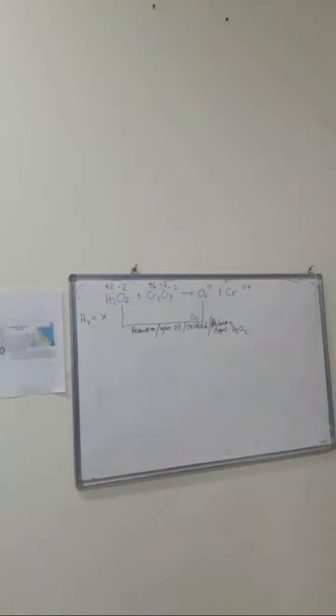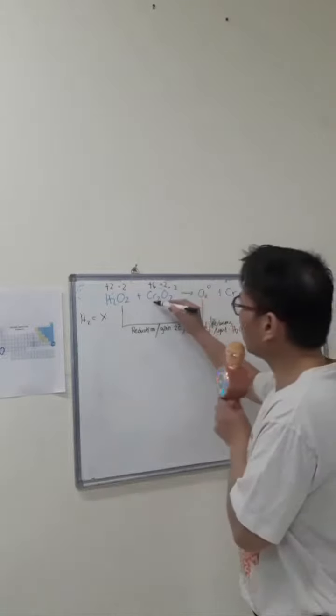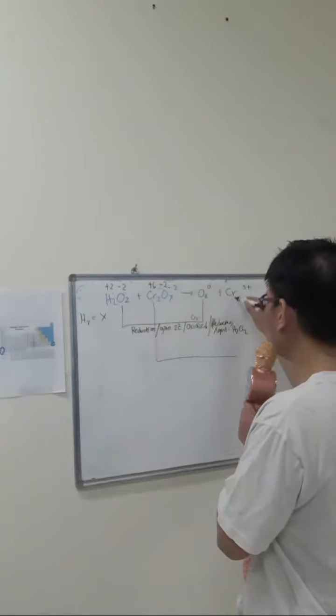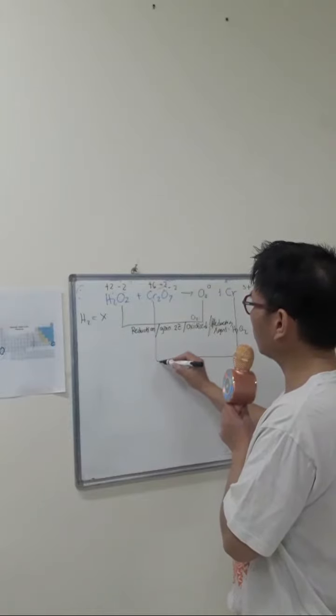Now the other side will be the oxidation. Oxidation is the loss of electrons, meaning increase of the oxidation state. So positive 6 to positive 3. Actually, guys, there's no increase. It's a decrease of oxidation state. Decrease of oxidation state means gain of electrons, so reduction.